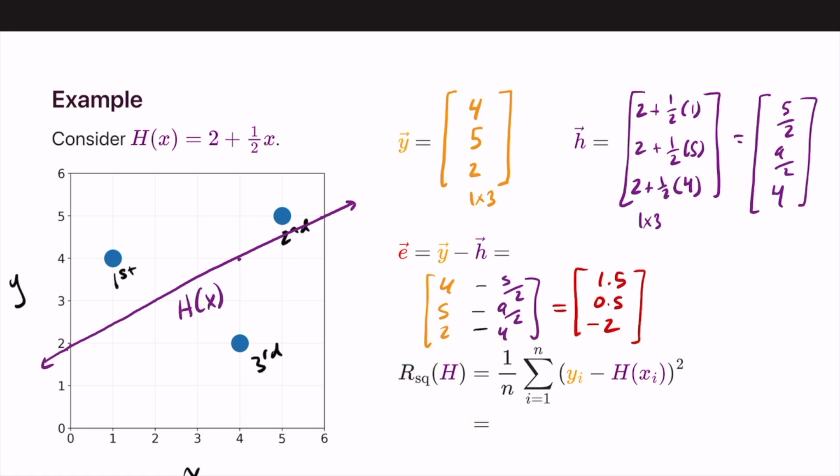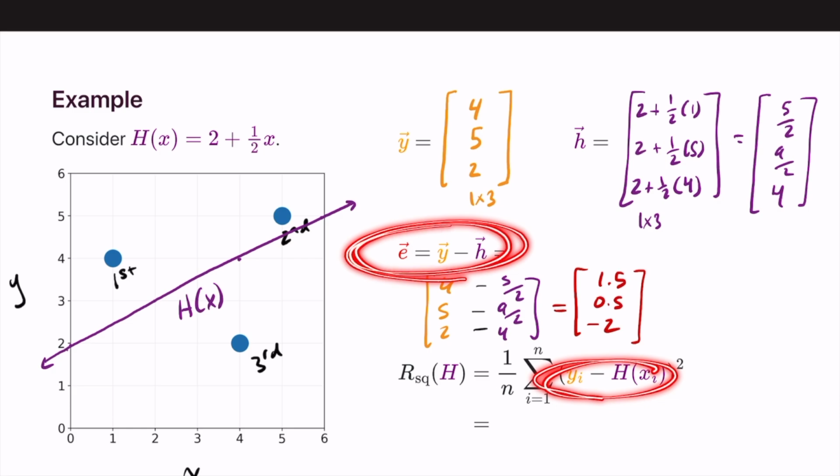Okay, so what we observe from our error vector, which is, of course, this right here, and this, well, our y_i minus our hypothesis function for each element, right, is what we're doing here.